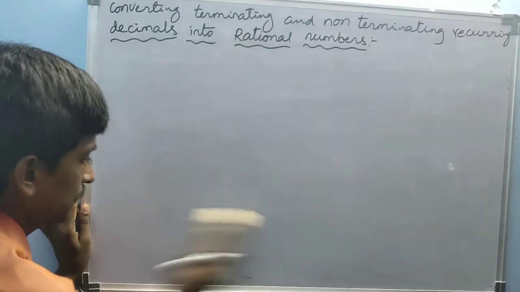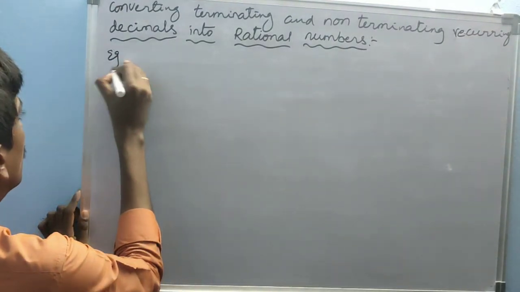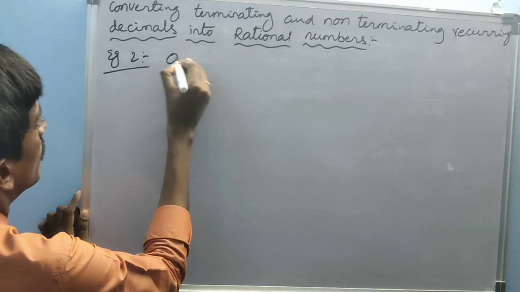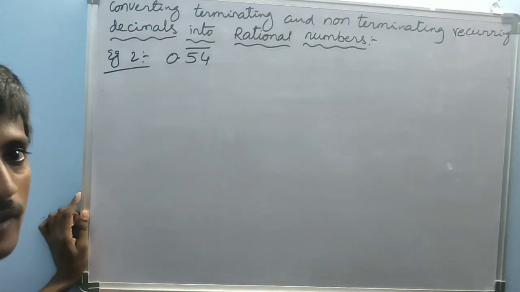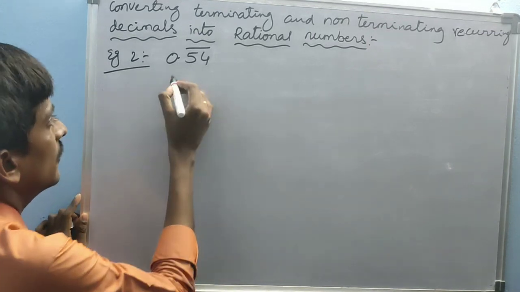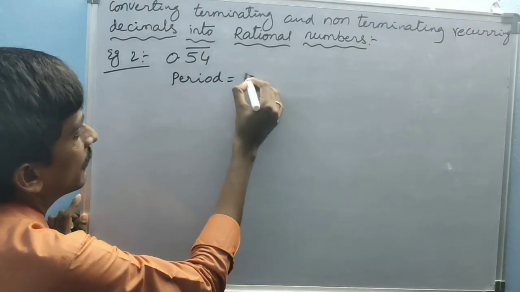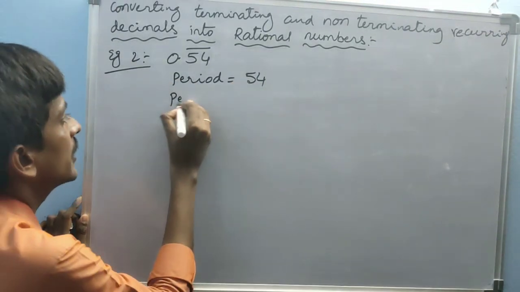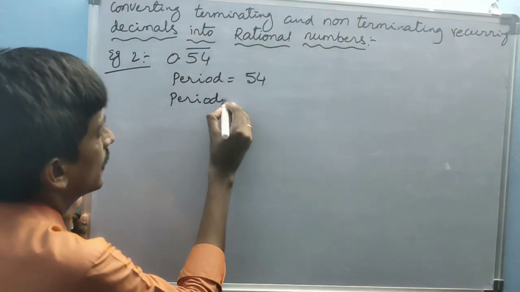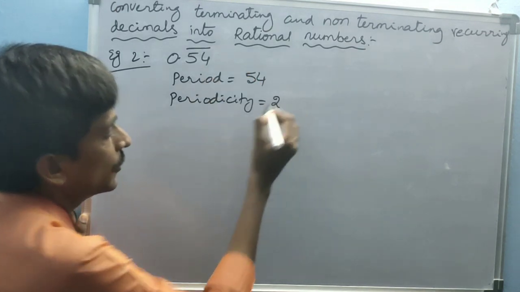Again, example 2. Once check: 0.54 bar. Here, what is the period? Period equals 54, the total digits. Periodicity, the number of digits under the bar, equals 2.